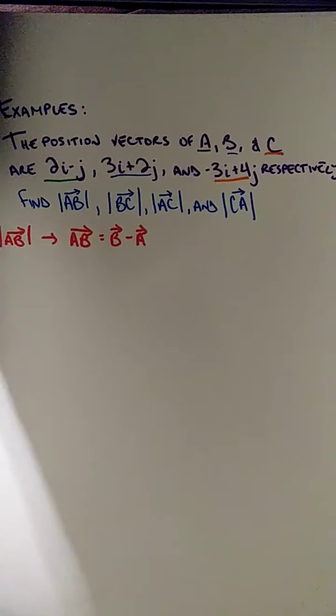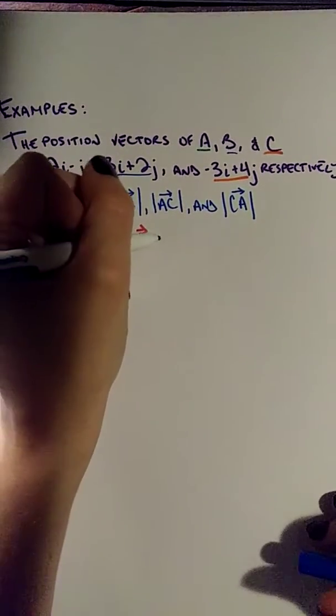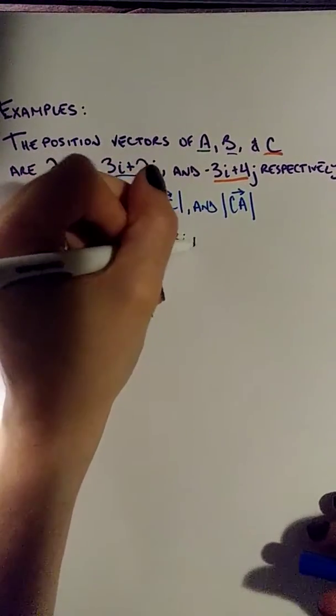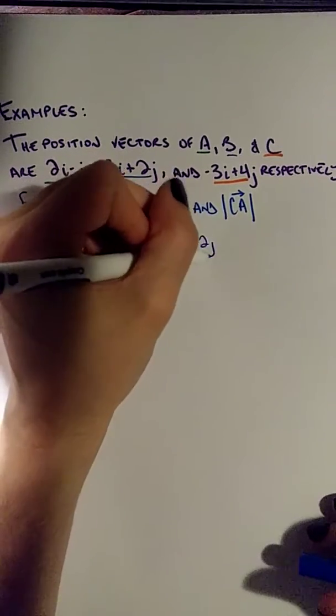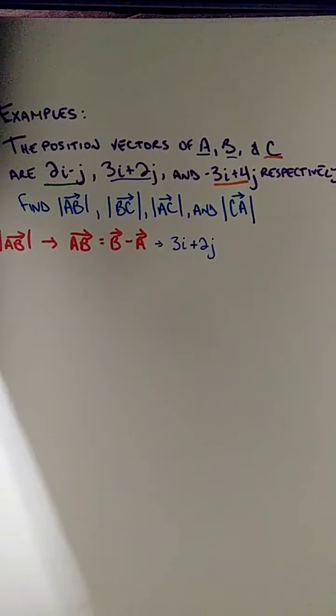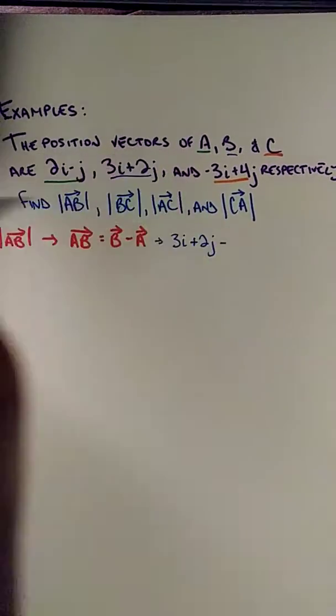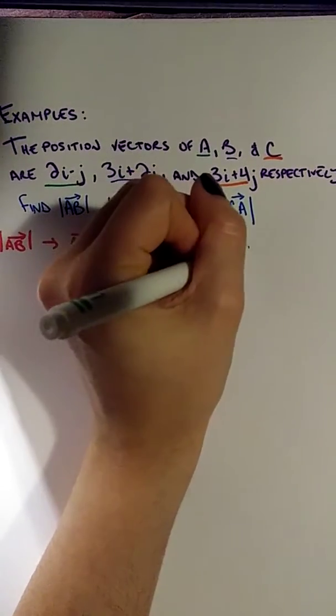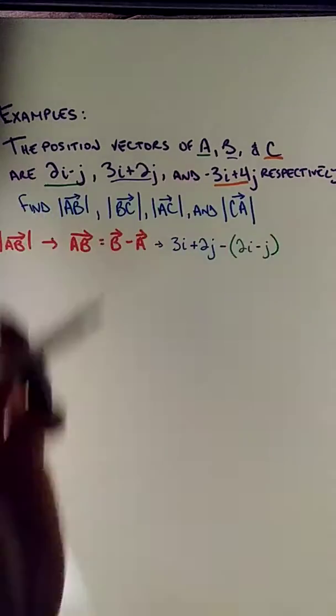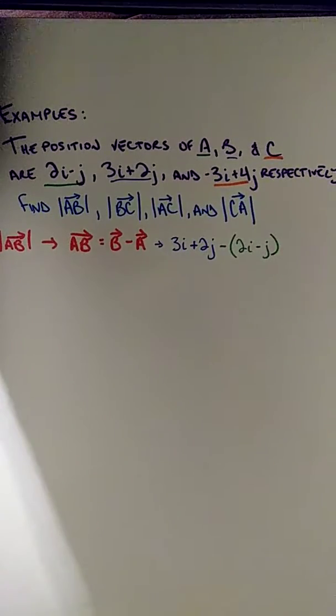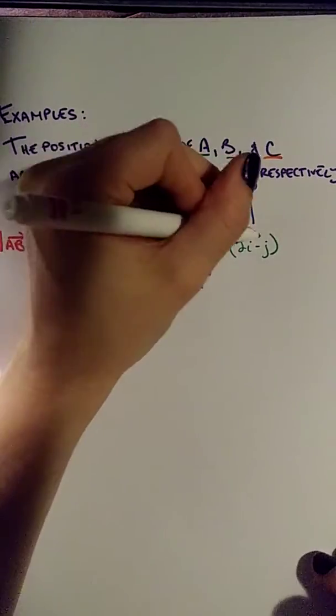So vector B was 3i plus 2j, and I have to subtract vector A, which is 2i minus j. So this will guide me toward my answer here. So I'll start by distributing my negative sign inside.